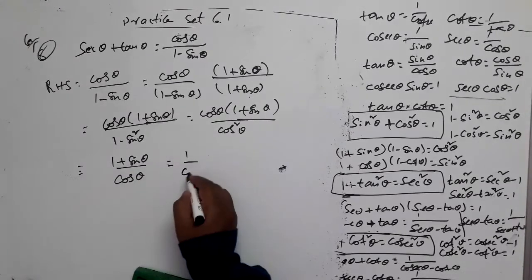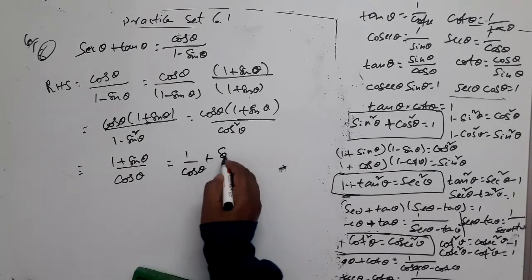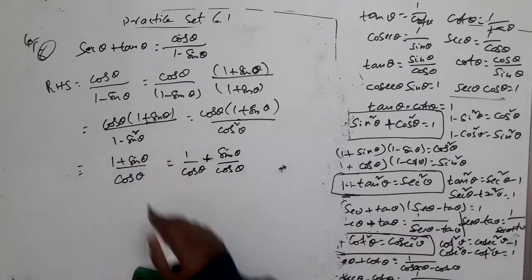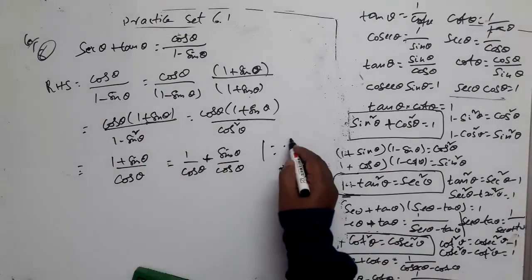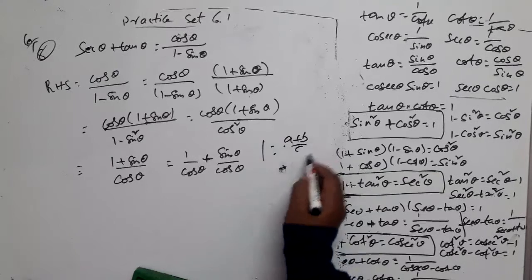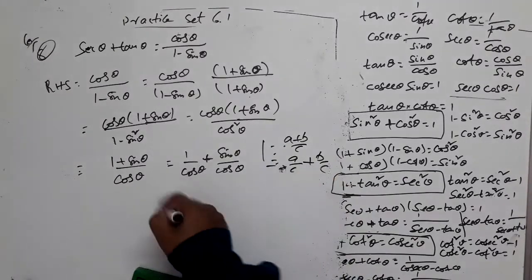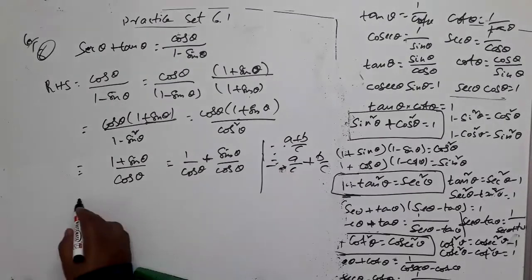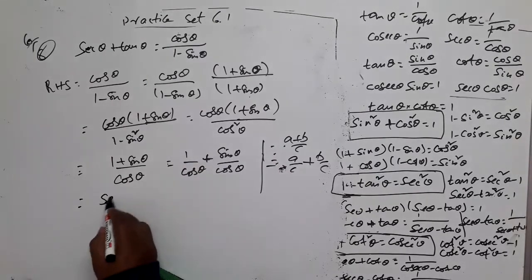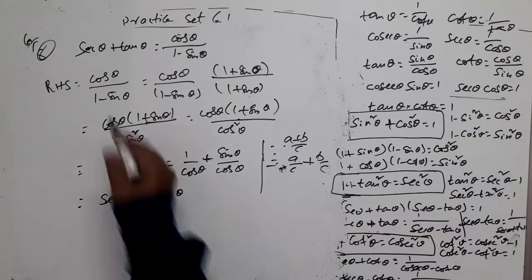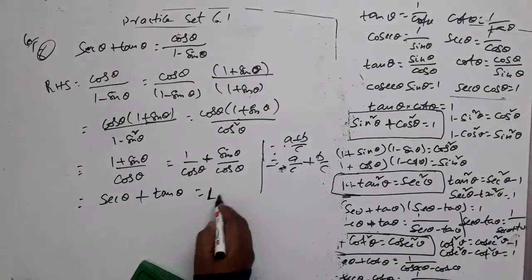This can be written as 1 by cos theta plus sin theta by cos theta, right? Divided separately. I can do that now, because if I have a plus b by c, this can be written as a by c plus b by c. That's what I have done here. Tell me what is 1 by cos theta? Secant theta. Sin theta by cos theta? Tan theta. That's all. This is our left hand side part.